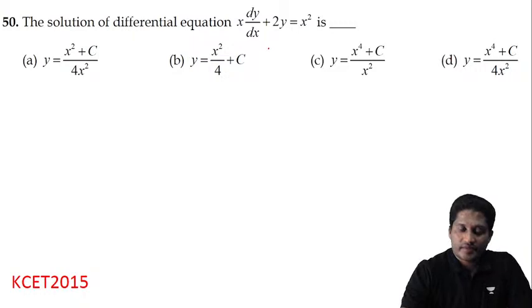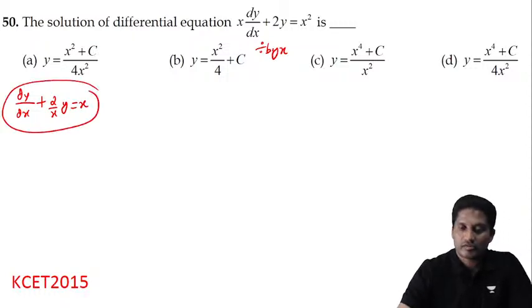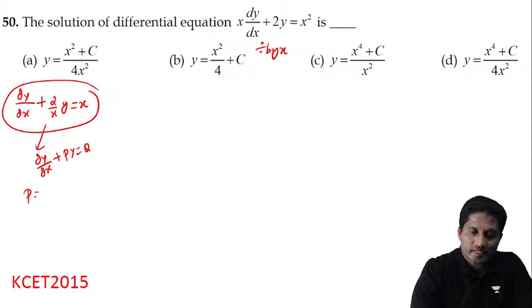Solution of the differential equation. It's a question of linear differential equations. Divide throughout by x, I will get dy by dx plus 2 by x into y equal to x. Okay, now this is of the form dy by dx plus Py equal to Q, where P is 2 by x and Q is equal to x.